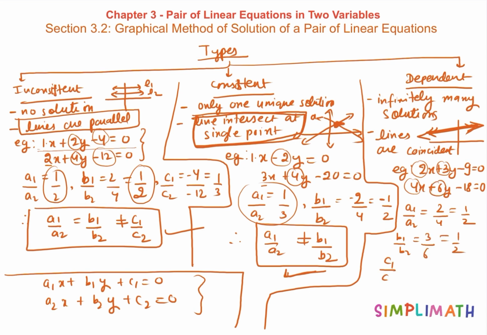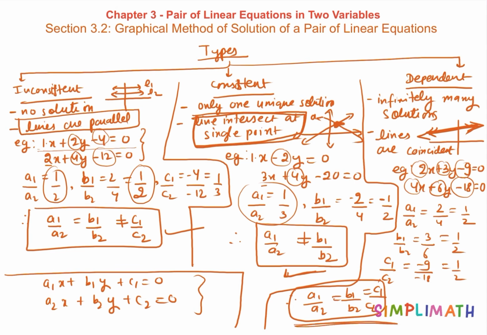So what is c1 by c2 now? Minus 9 upon minus 18. So 1 by 2. So in this case we have a1 by a2 equals b1 by b2 equals c1 by c2. So in case of a dependent pair of linear equations, a1 by a2 equals b1 by b2 equals c1 by c2, and graphically when we represent them, the lines are coincident.